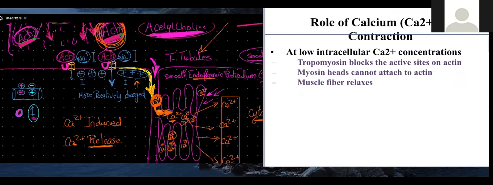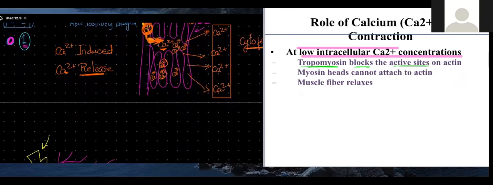What is the role of the calcium here in terms of muscle contraction? In a state of low intracellular calcium concentrations, the tropomyosin is going to be blocking the active binding sites on the actin subunits.